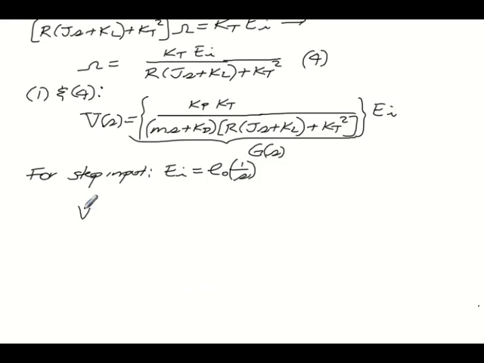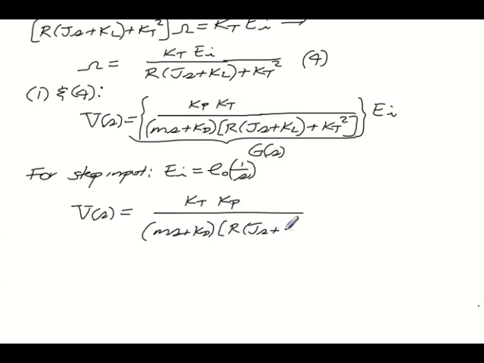We have V_s equal to K_T K_p, all divided by, just write down what's above there. Keep in mind we have a 1 over s there, E_0.